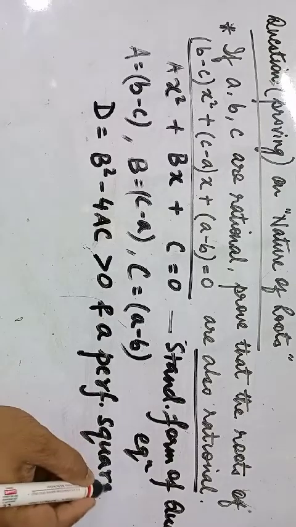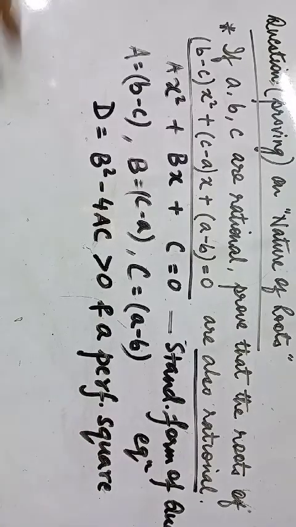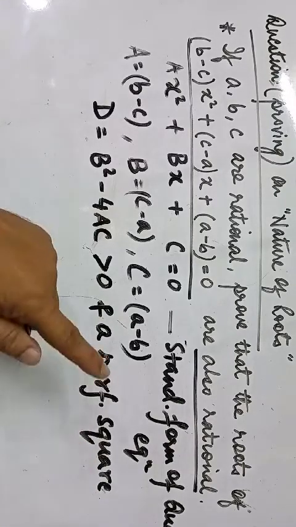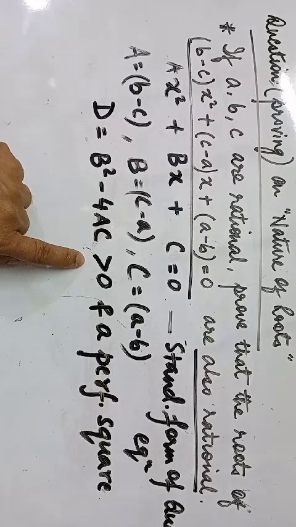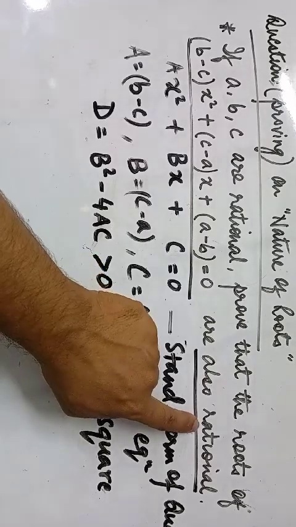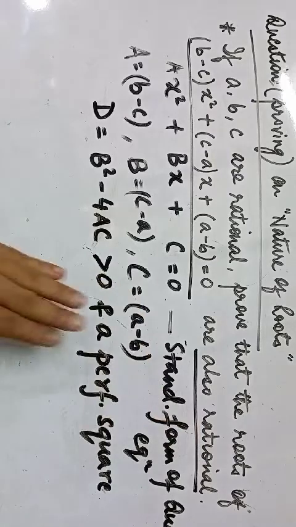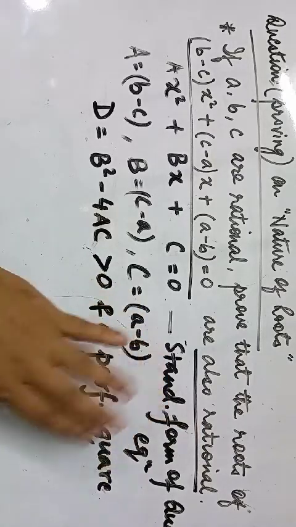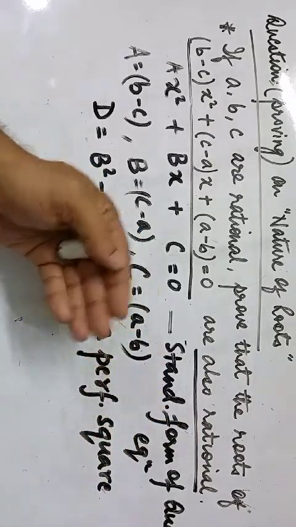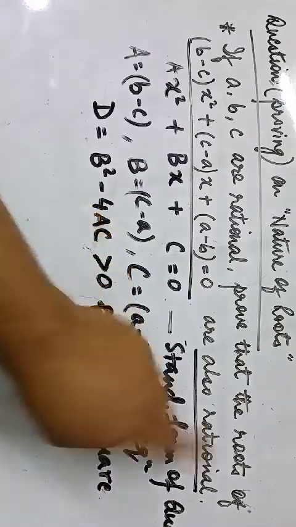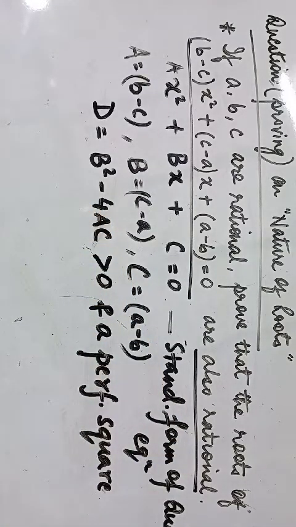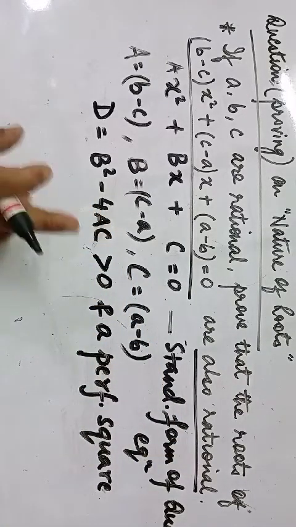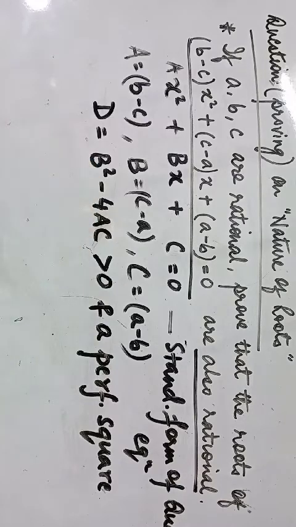Just now I showed you the reason why it has to be a perfect square along with being positive: remember, you have to prove it rational. So just by proving them positive will not work, because a positive discriminant value can give you an irrational root also.